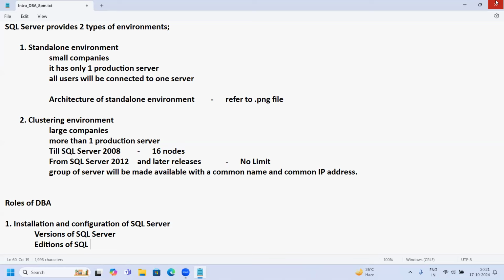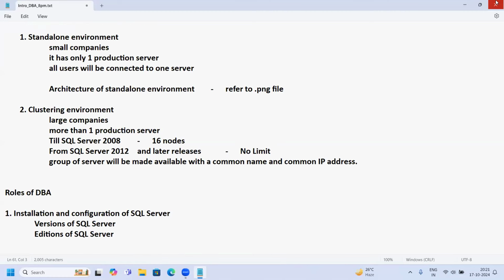You should be very clear on the working process of the editions of SQL Server, because various editions are available: Enterprise edition, Standard edition, Express edition, Workgroup edition, and so on. Every edition has its own unique importance. In my coming classes, when I discuss this part, we will see what editions are available and how they are helpful for us.